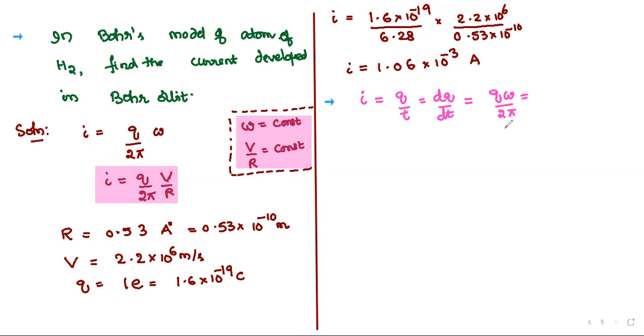Taking omega to the denominator, you get q upon 2 pi by omega. 2 pi by omega is the time period, so q by T. And the reciprocal of time period is frequency, so q times 1 by T is q times frequency, where nu is frequency and T is the time period.